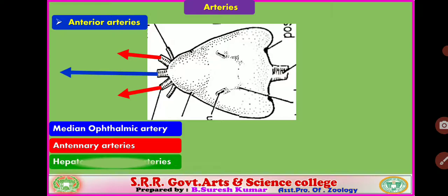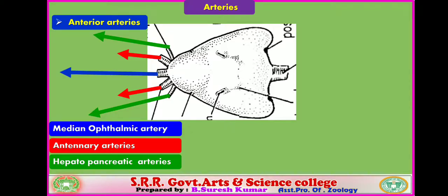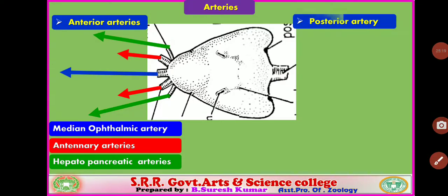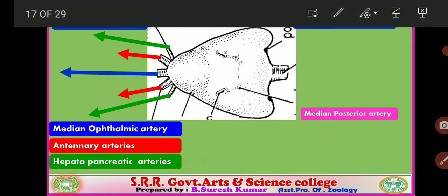And then hepato-pancreatic arteries. You observe these are hepato-pancreatic arteries. Followed? Right. Next, the posterior artery, you see, the median posterior artery.